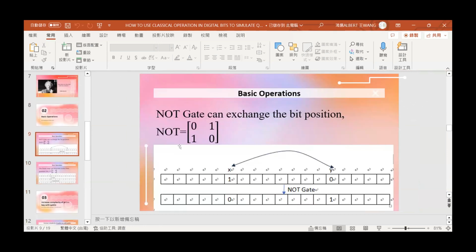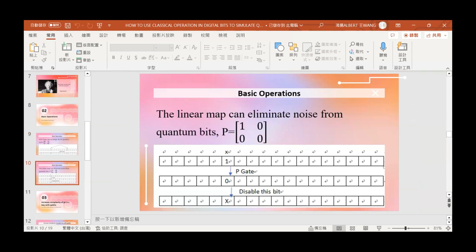First, we use the NOT gate, which reverses two different positions and changes the gate information. And we have a linear map of the P gate, which will eliminate the noise. No matter whether the input is 0 or 1, the final result will be 0, and the data will be disabled.